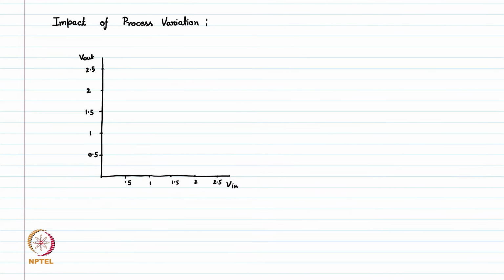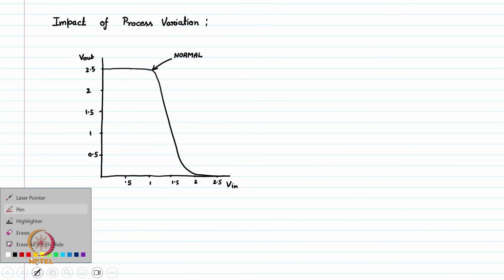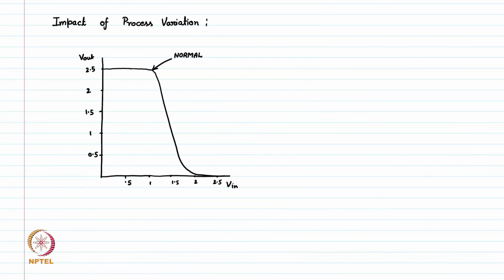In the normal case, let's say the VTC looks something like this. This is the normal VTC. Now let's say, because of the process variation, we get a good PMOS and a bad NMOS. So the VTC transfer characteristics look something like this.